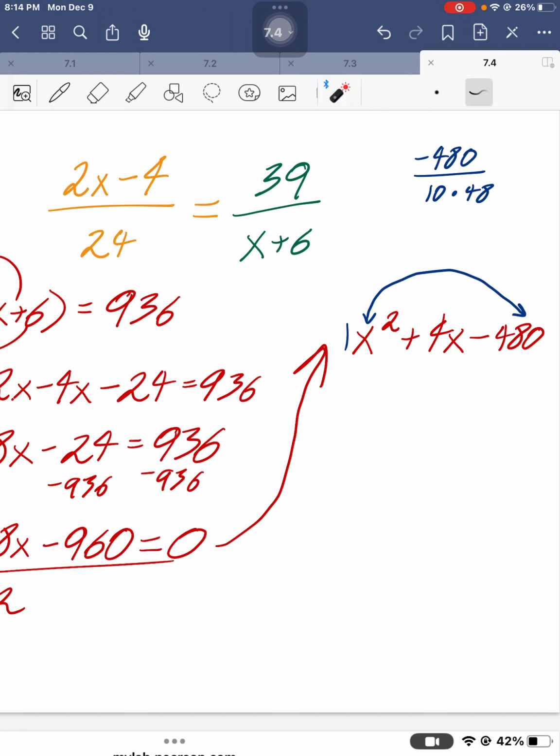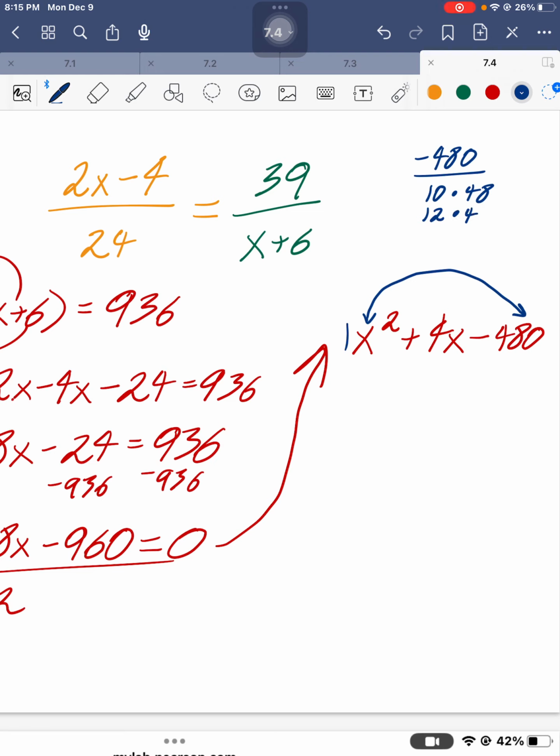So does 10 times 48 work? No, because even though these two numbers do multiply, I can do negative 10 and positive 48, or negative 48 and positive 10. They multiply to give me negative 480, but there's no way that I can add or subtract them to give me 4. So we've got to keep finding out, and you can just plug in the answer.